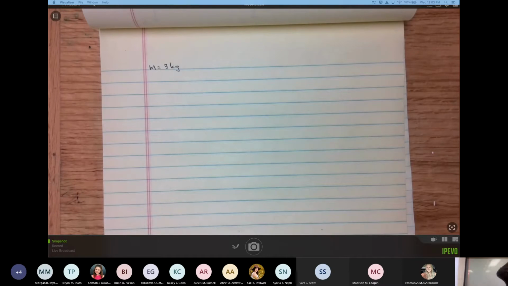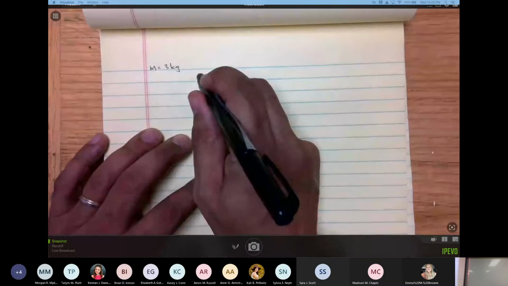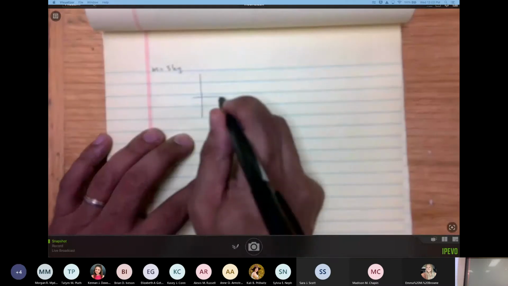So we have a mass of 3 kilograms. There are going to be a couple of impulses, a couple of hits or bounces or whatever. And the graph that describes those interactions is going to have this shape.